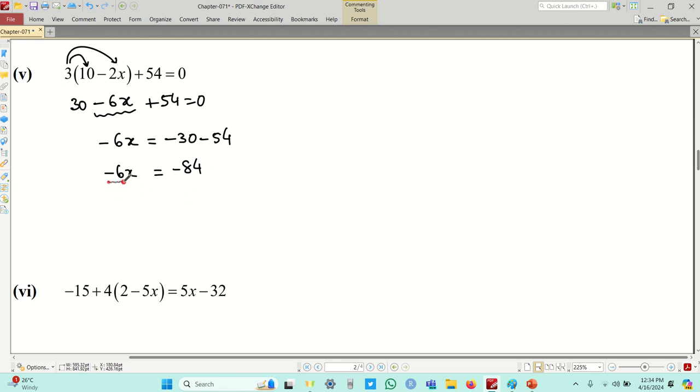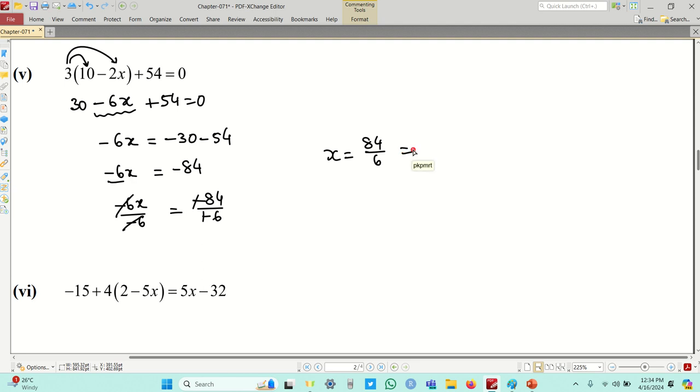Okay, now what is the number here? Minus 6. So divide by minus 6 here, and divide minus 84 by minus 6 here. Minus 6 cancelled. Now minus minus cancel. So what will we get? x is equal to 84 divided by 6.